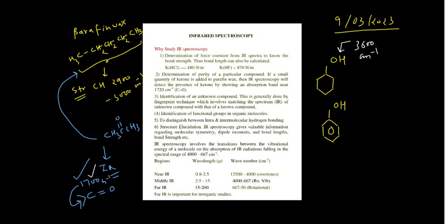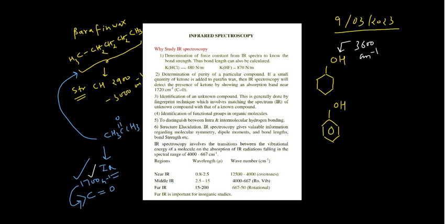Okay, and after that, once you have completed this, you should know the range of IR spectroscopy. IR spectroscopy basically involves the transition between the vibrational energy levels of the molecule on the absorption of IR radiation, falling in the range of 4000 centimeter inverse to 667 centimeter inverse.